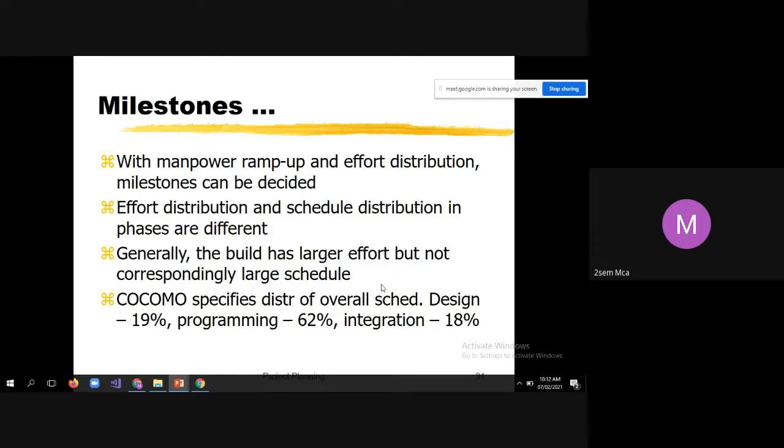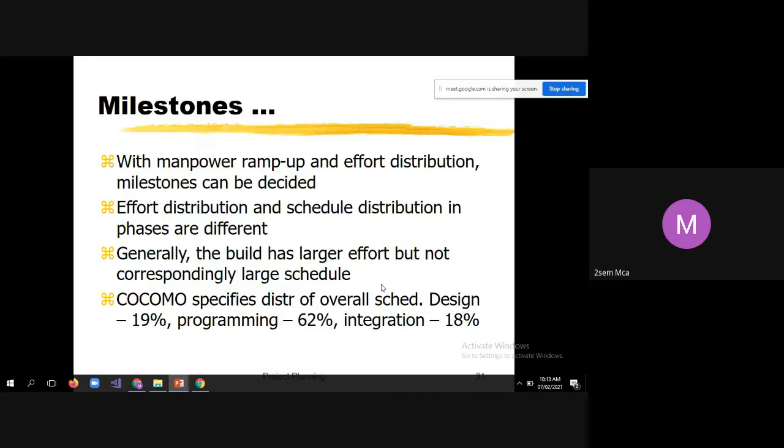With manpower ramp up and effort distribution, milestones can be decided. See how well you can ramp up the manpower, that much easily you can achieve the milestones. If you delay in getting the manpower at the right time, obviously achieving the milestones will be delayed.